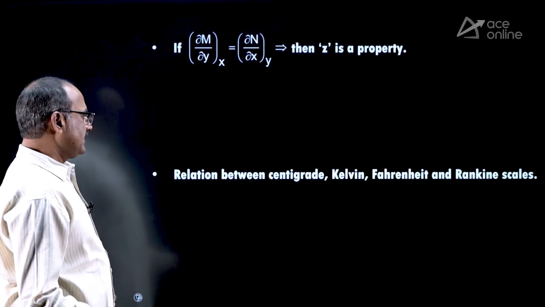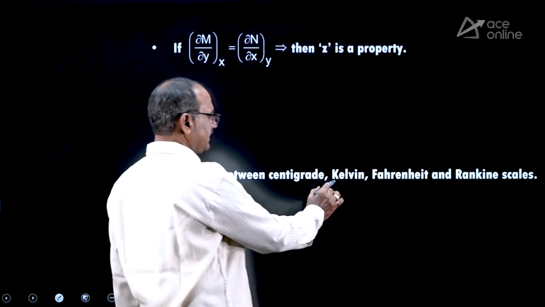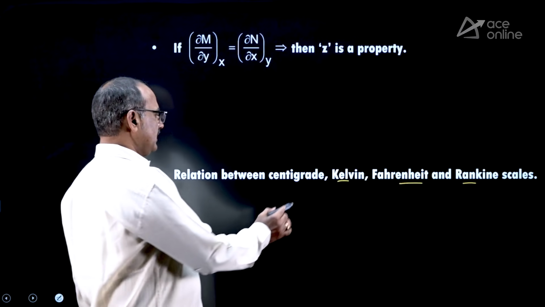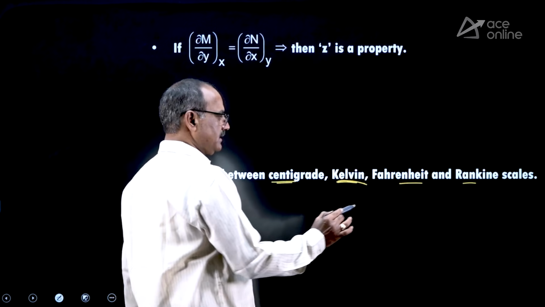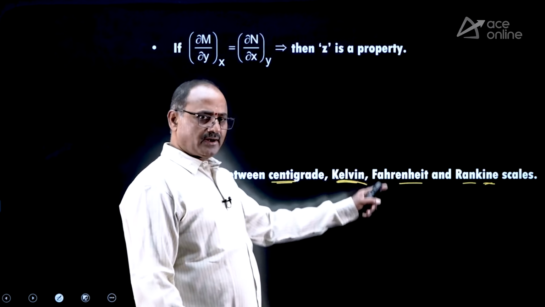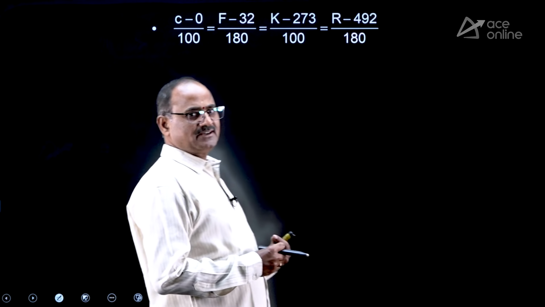Similarly, look at another important point, the relation between the centigrade scale, Kelvin scale, Fahrenheit scale and Rankine scale. The Kelvin scale is the absolute temperature scale for the centigrade scale, and the Rankine scale is the absolute temperature scale for the Fahrenheit scale, right? Generally, thermometers are constructed with respect to reference points.